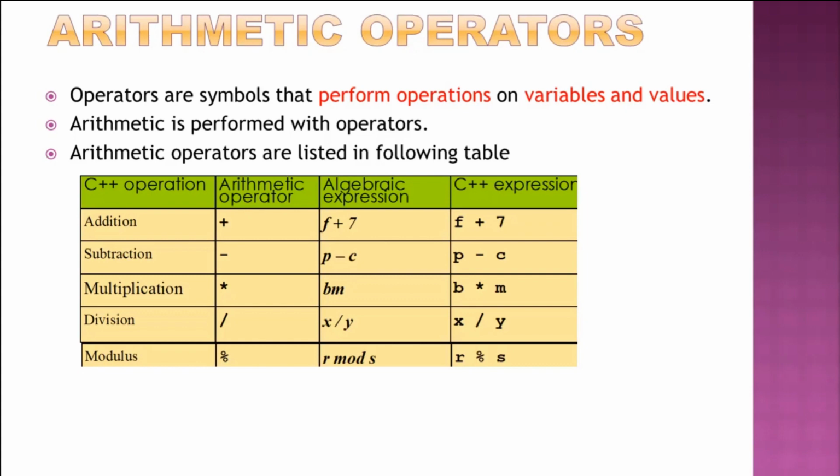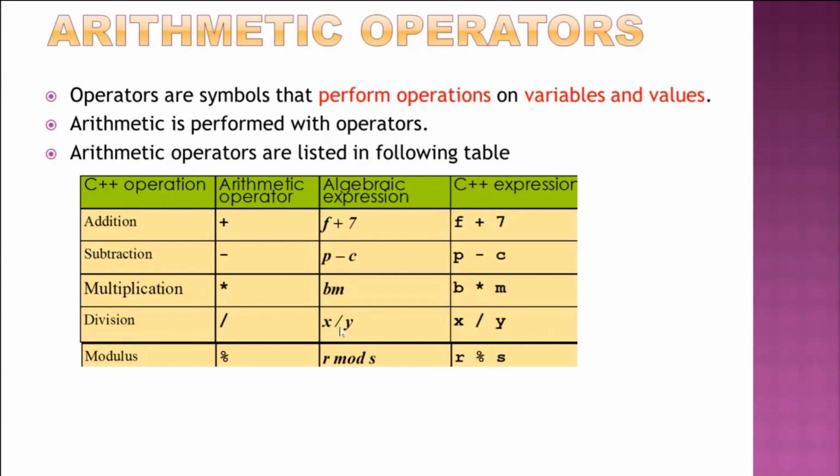The compiler will consider that you have not declared this new variable bm. So you have to be careful at this stage that for multiplication you have to write the star sign.